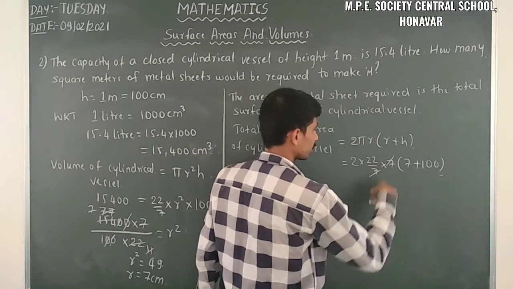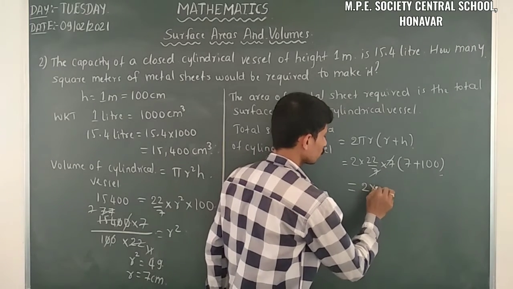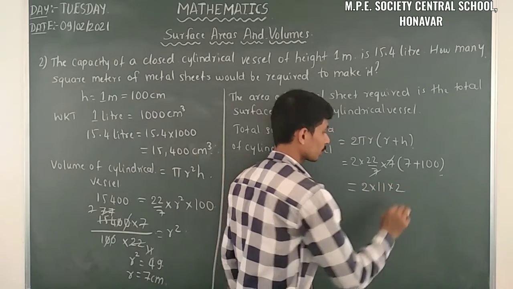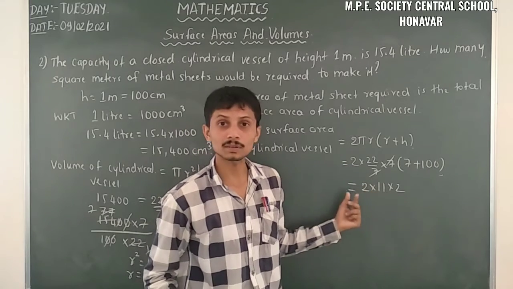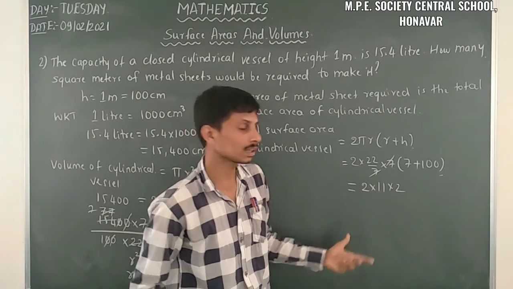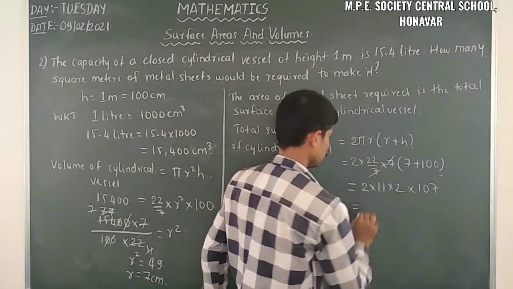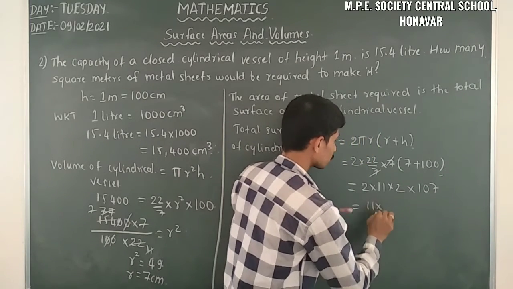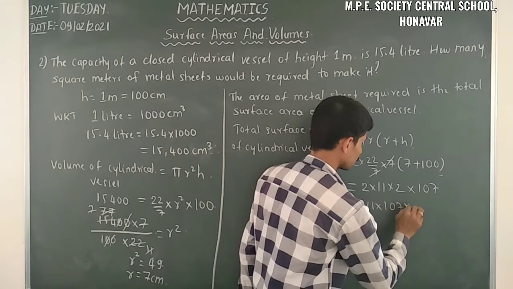The 7 and 7 get cancelled, and here we have 2 into 11 into 2 I will take, because already I told that just convert whatever the multiplication we have in terms of multiples of 11, it is easier to us. And here, so 107. Then, so 11 into 107 into 4. So directly we can take 107 into 4 here.